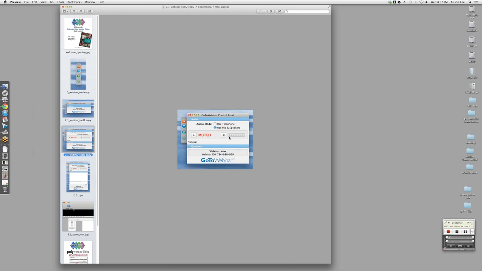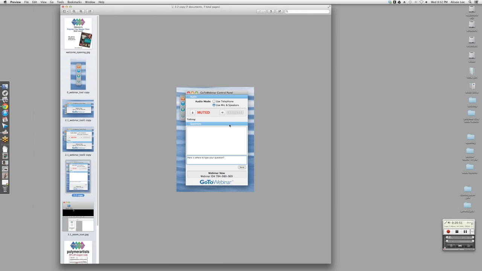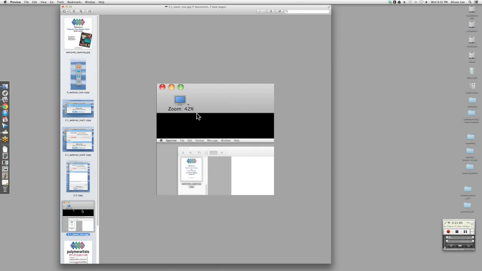When you click the questions option, that's where you type your question and push send, and I can see it right here on my end. There's another little doohickey, another technical term, in the upper left-hand corner of your screen that looks like a little computer, and it gives you a percentage to watch this at. 42% seems to be a pretty good percent to use on your personal computer, so you can play around with the size on your end.